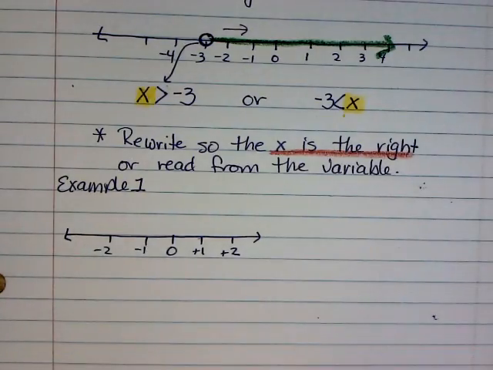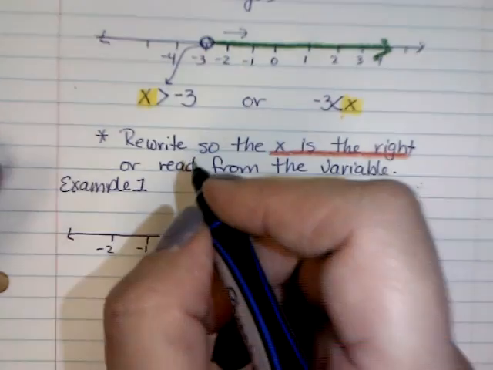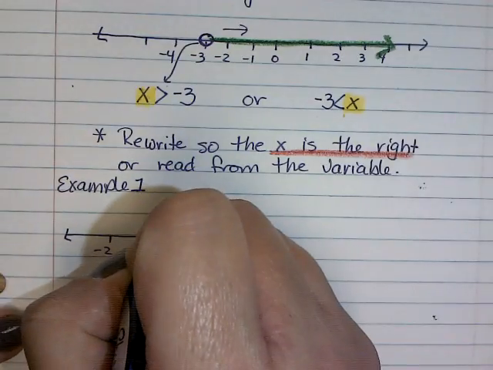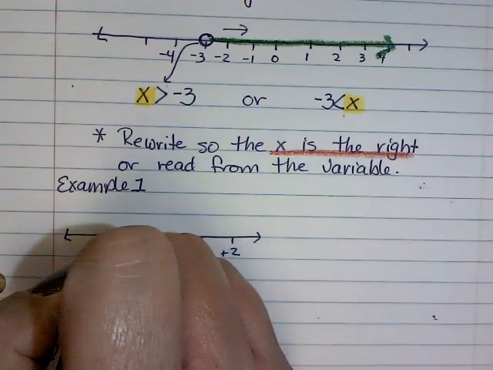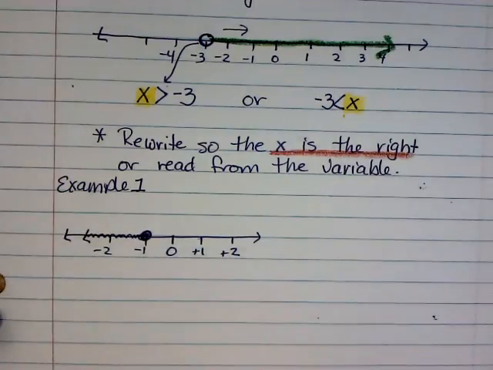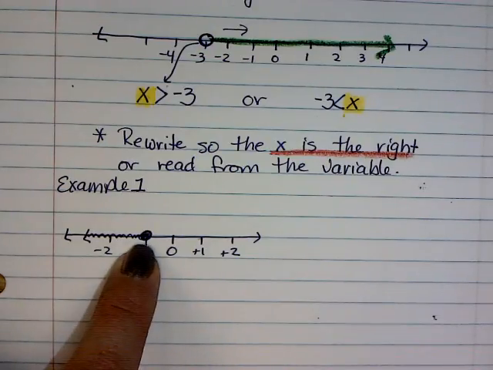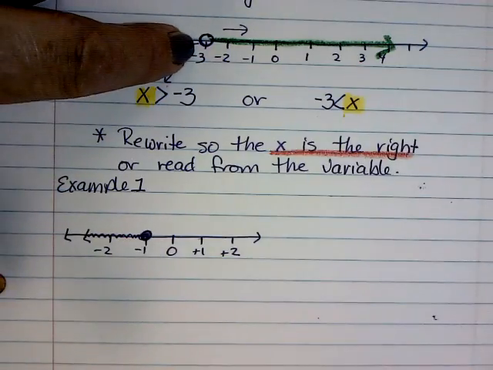So I'm not going to do any more numbers than that. If we don't have to draw super large numbers and a whole bunch of numbers, then we won't have to. And I'm going to go ahead and closed circle at -1, and move down past -2. If you want to color that in, that's fine.